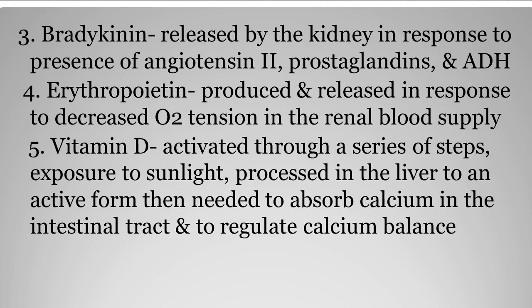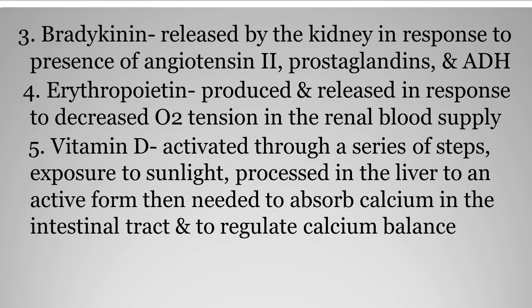And then erythropoietin is produced and released in response to decreased O2 tension in the renal blood supply, when it senses decreased red blood cell production. Erythropoietin must be present for the process of erythropoiesis. And then, of course, vitamin D, activated through a series of steps.